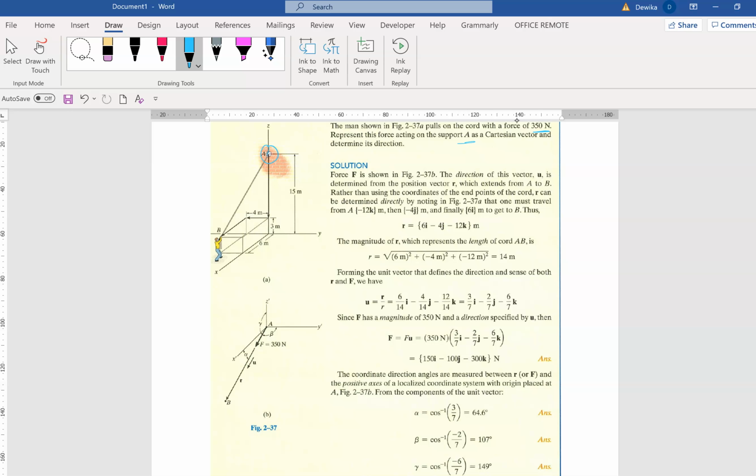The first thing to do is to find the coordinates, right? You repeat the working that you have done in the previous lesson.